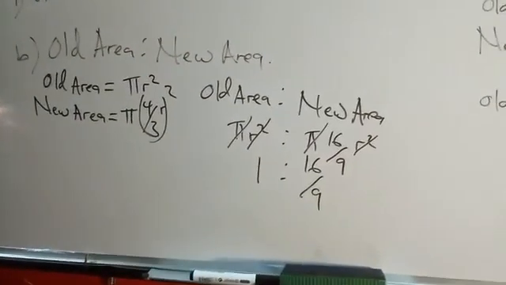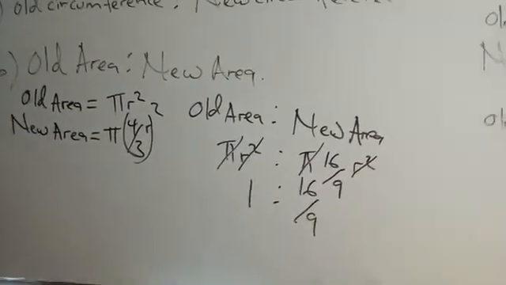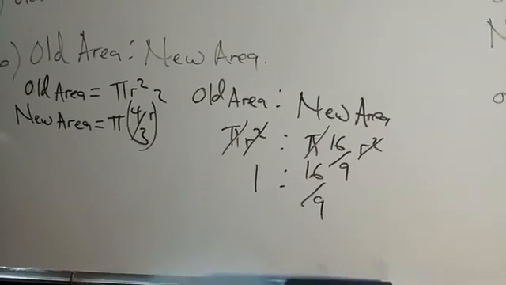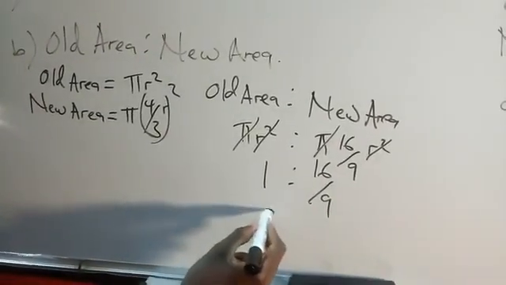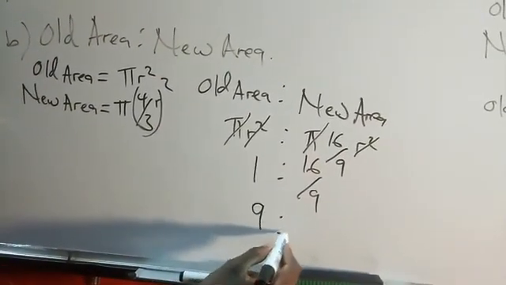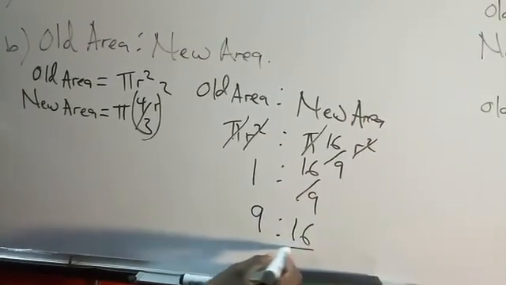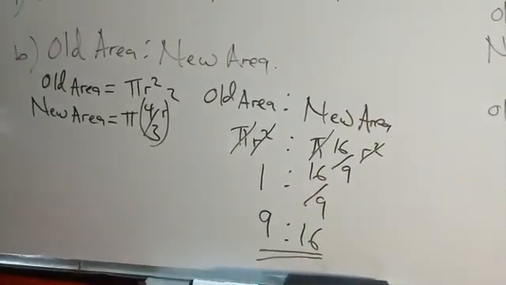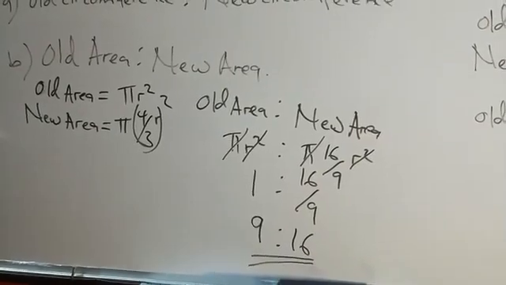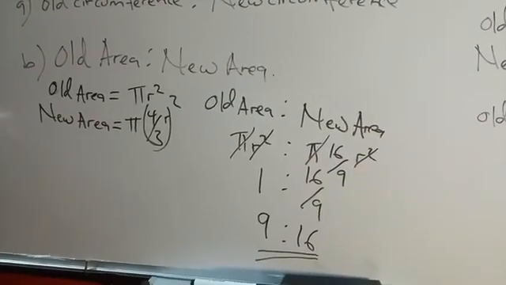By taking 9 to the other side, it becomes 9 to 16. So that is the ratio of old area to new area.